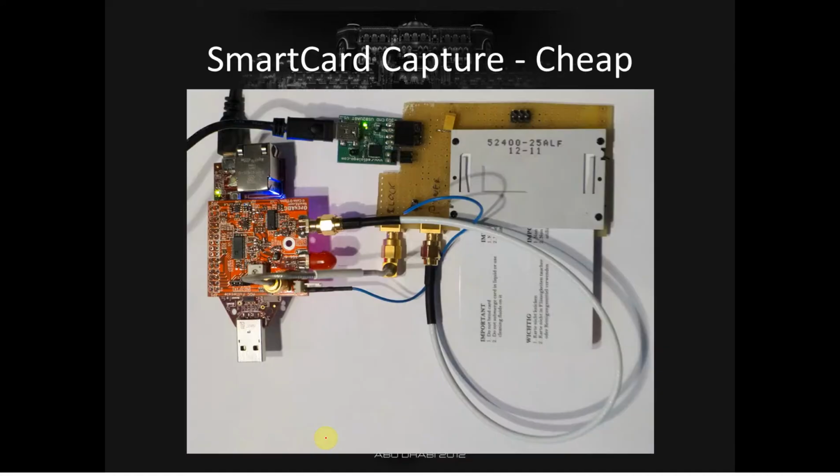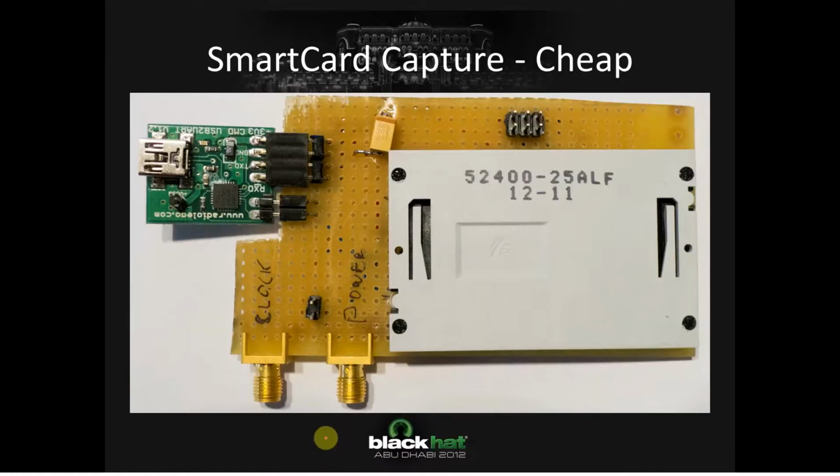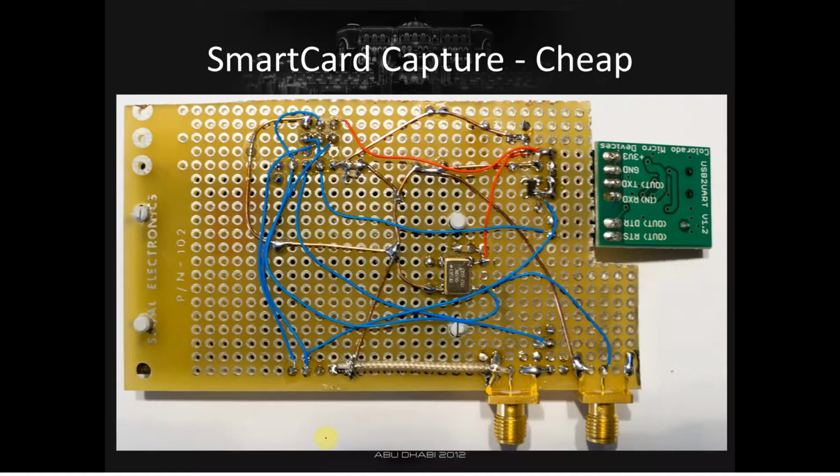So here I have an example of a cheapskate smart card reader I've made, and it just connects using a USB to serial converter. We can wire it up to that ADC board, the OpenADC, and do the attack on that. To give you a closer view, this is the smart card reader itself. It's just a USB board, and there's a few small parts.